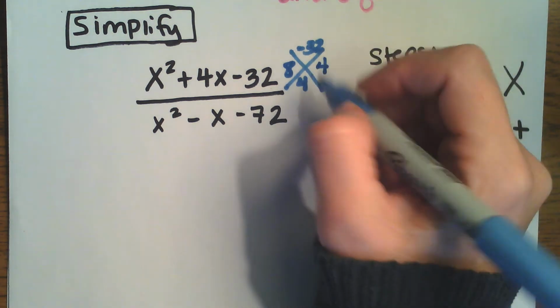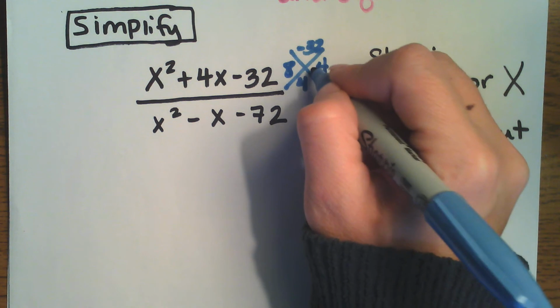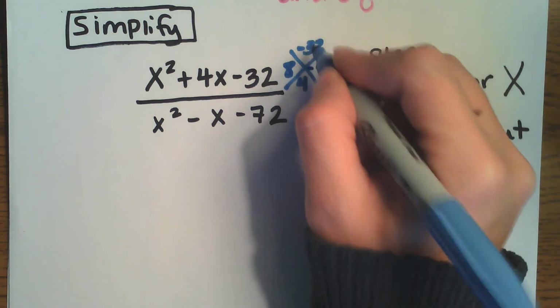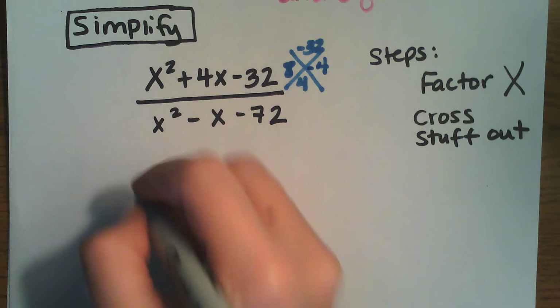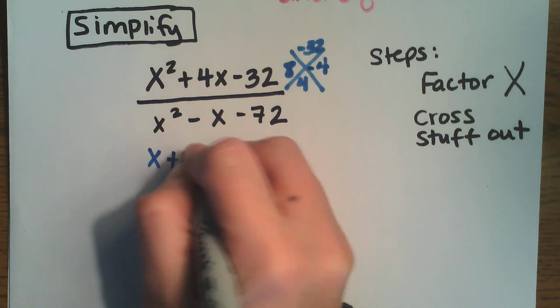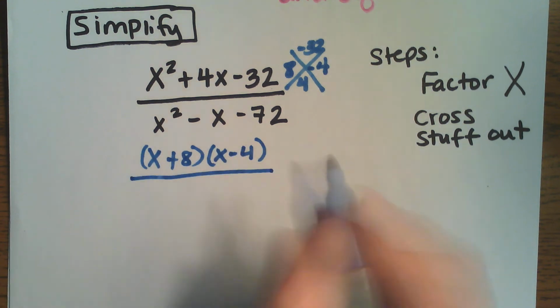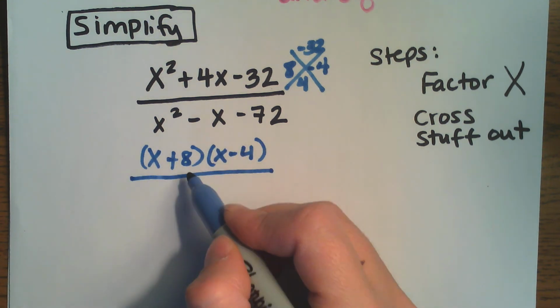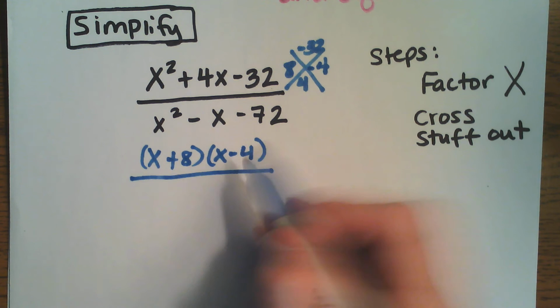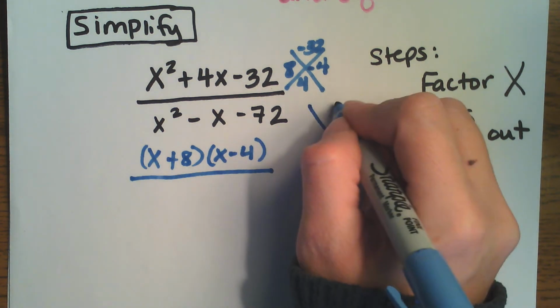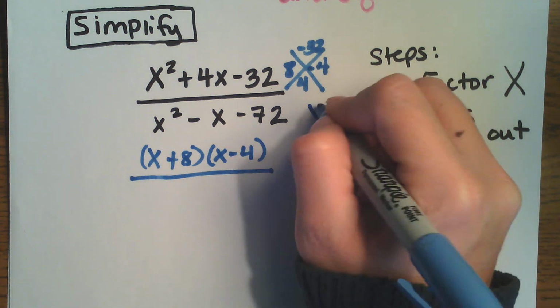Eight and 4. And we're going to put a minus on the 4 because it's a negative 32, and 8 minus 4 gets 4. So x plus 8, x minus 4. So when I'm factoring that bottom piece, I'm more than likely looking for a positive 8 or a negative 4 in those factors so that something will cancel. Just keeping that in mind.